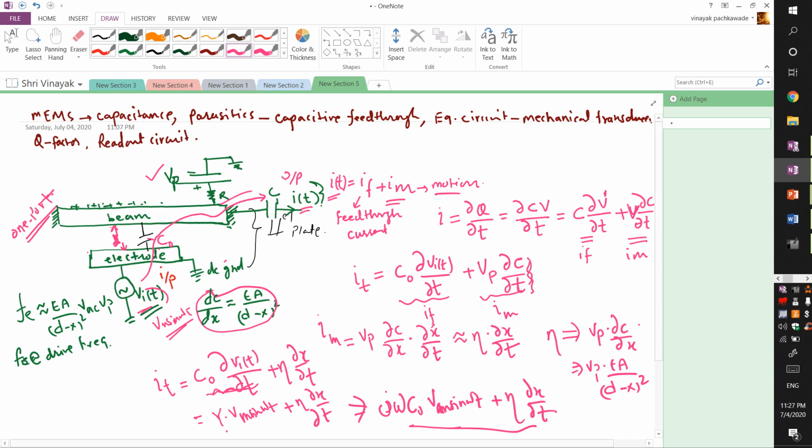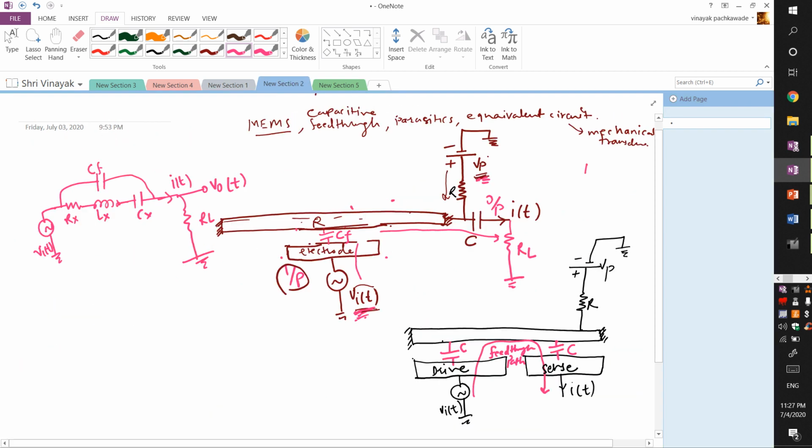So for example, we take a look at this particular structure right here. So this structure is essentially what we already explained. Now you have this beam over here, which is the same as the previous one, clamped at both ends, and then there is a bottom electrode.